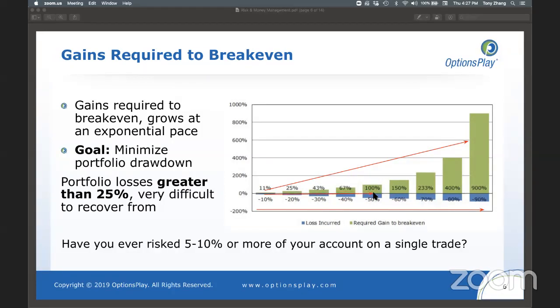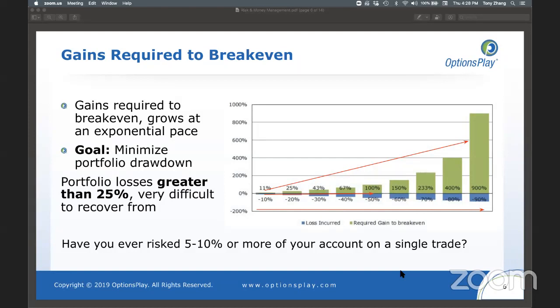At 50%, you need exactly double to get yourself back to break even. Anything beyond 50%, it's almost impossible to ever get yourself back to any form of break even. At 50% loss, it requires such a large gain that it's almost impossible to even ever get back to break even. You might take 3 to 4 times the amount of time it took you to lose that 50% just to get yourself back to break even.